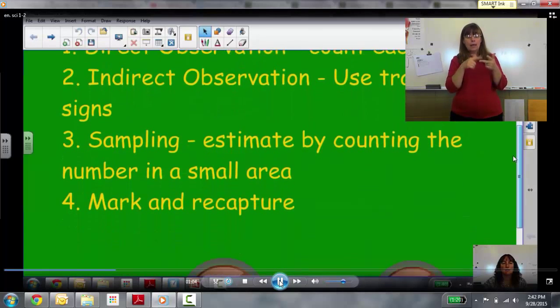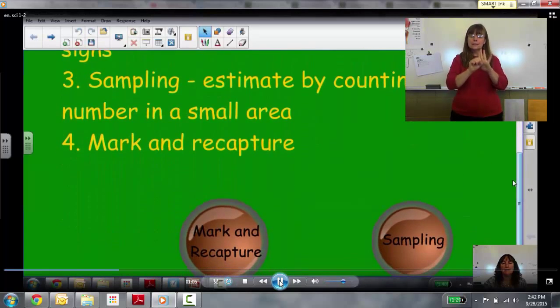Another way is called sampling, and this is where they estimate the amount of animals by counting the number in a small area. So if I wanted to find out how many grasshoppers lived on the prairie here at school, we have a 7-acre prairie. If I figured out how many grasshoppers lived in a half an acre, then I could estimate how many lived in all 7 acres.